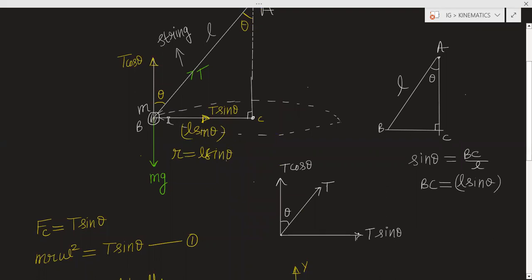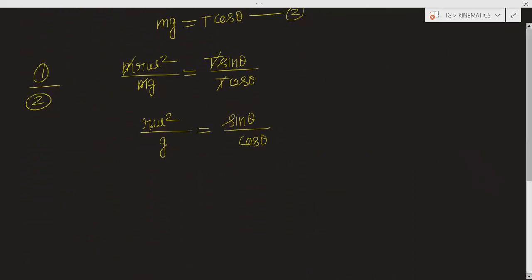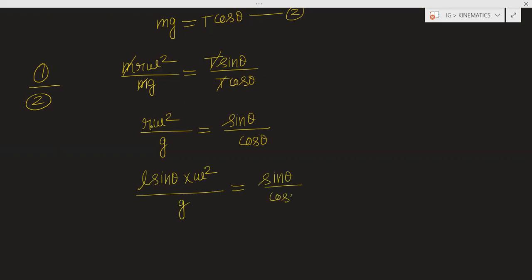This is the value of r. So now put the value of r here: L sine theta multiplied by omega square divided by g is equal to sine theta divided by cos theta.